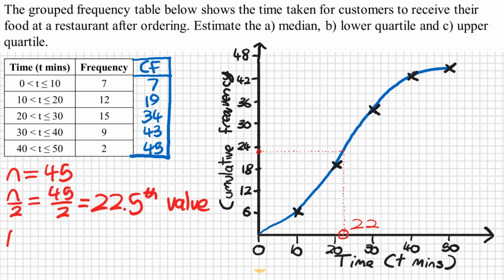So therefore we're going to say that the median is equal to 22, and this is our estimate. There's obviously a range of values that this could be, as the graph isn't 100% accurate.